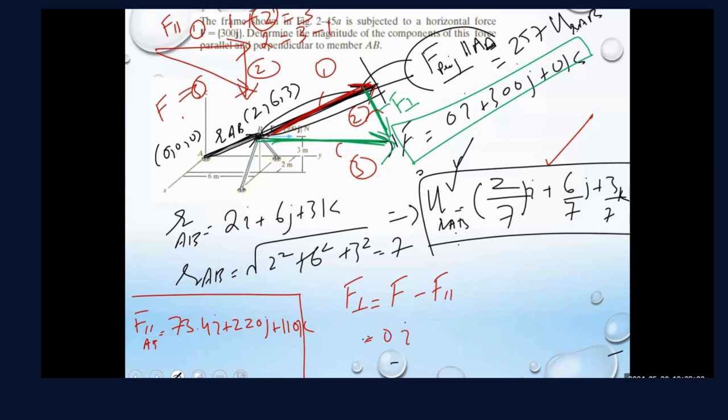This is 0i plus 300k, plus 0k, minus 73.4i, 220j, and 110k. So if I show you, it should be minus 73.4i, 300, so this would be plus 80, okay, and it would be minus 110, okay, right? This is the perpendicular, F perpendicular.